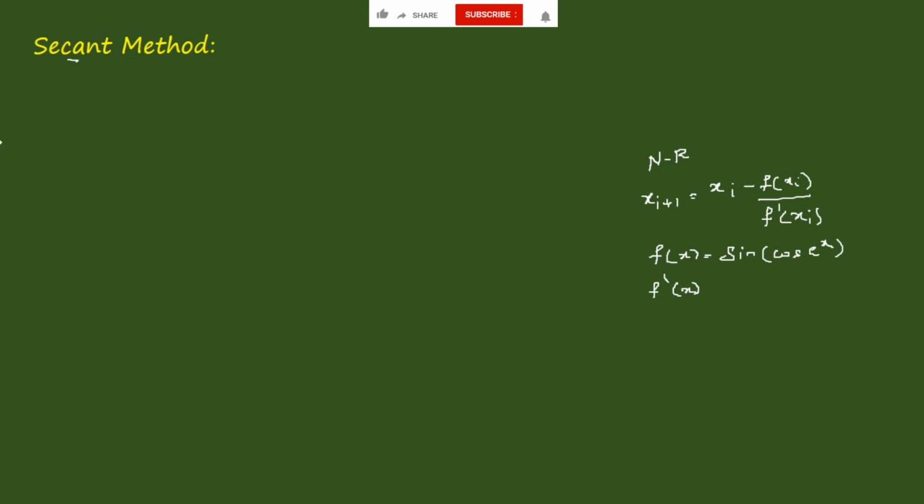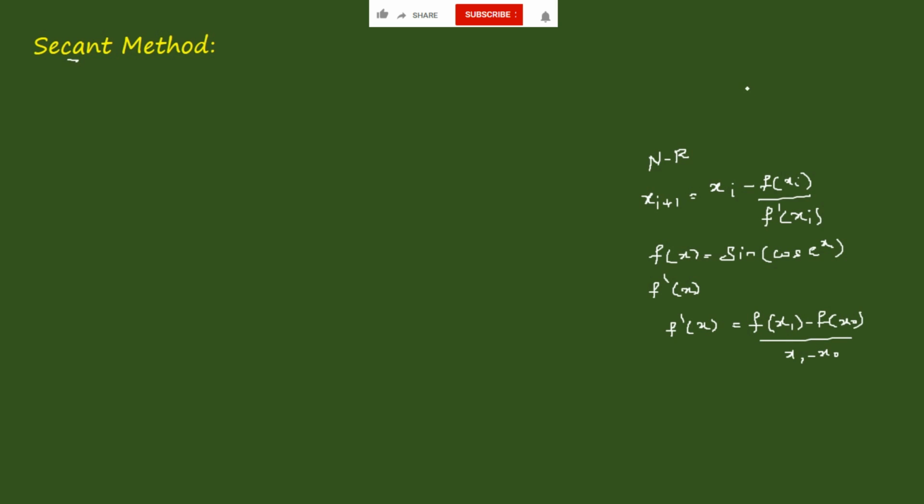In this case, as you know, f dash of x is nothing but the slope of the function: f of x1 minus f of x naught by x1 minus x naught.